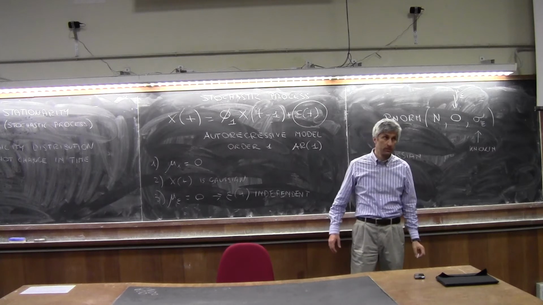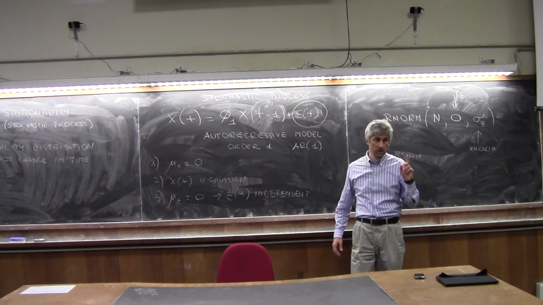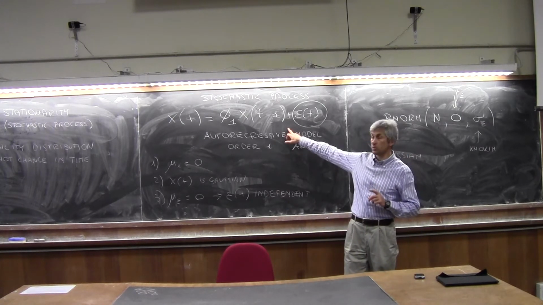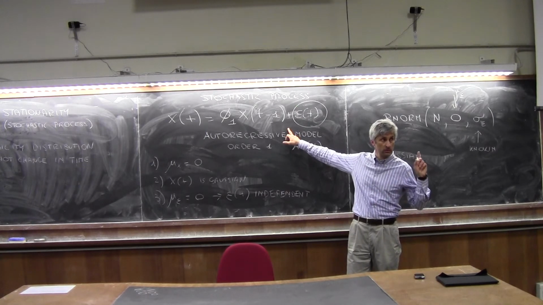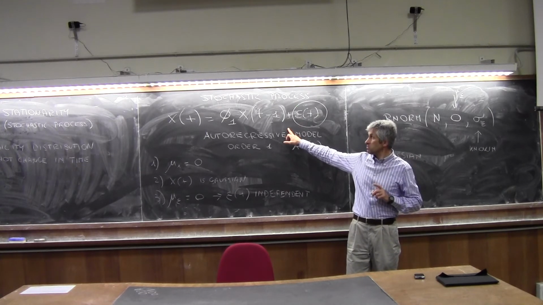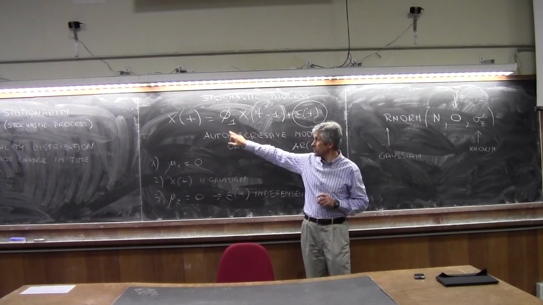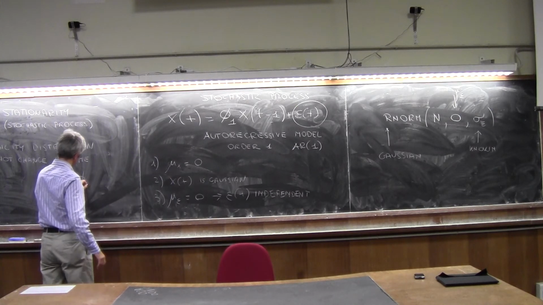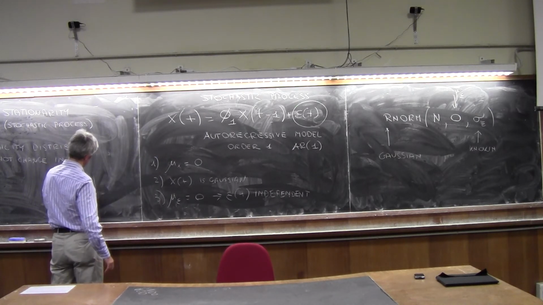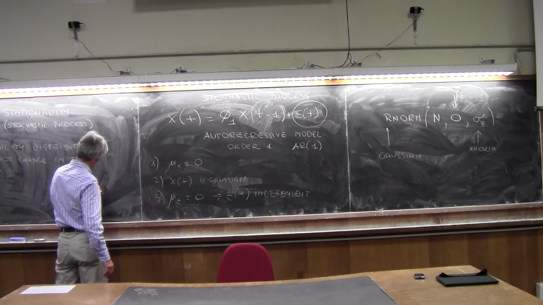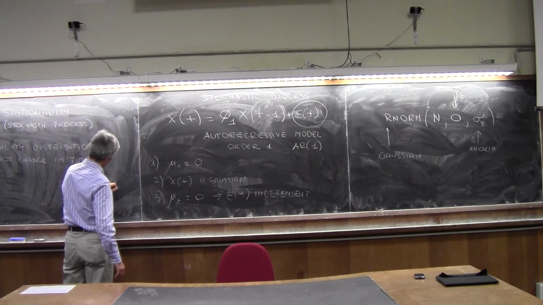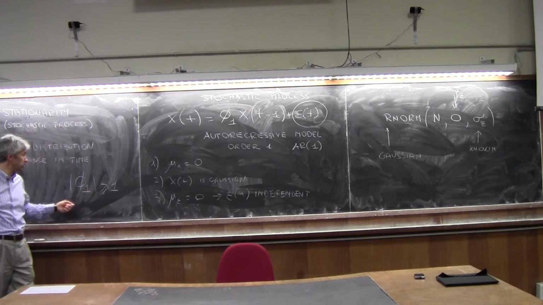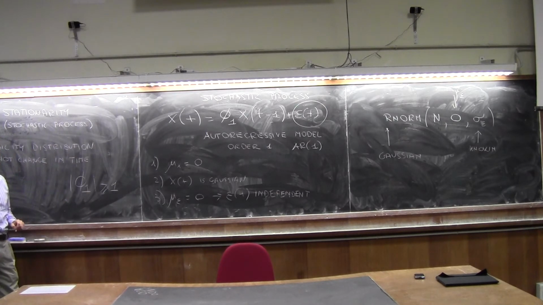Now let me say that this stochastic process can be stationary or not. For instance, if you make a simulation with phi 1 in absolute value greater or equal than 1, and you plot it, you will see that the process is non-stationary.